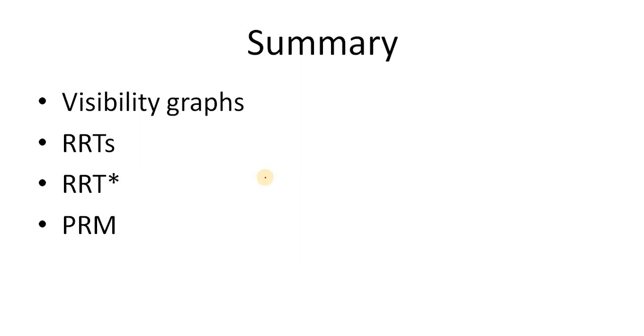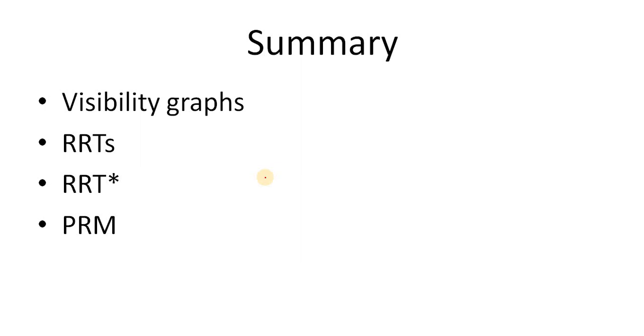We learned the advantage of these RRT algorithms: they are fast, they are quick, but the disadvantage, especially for the RRT, was that the path was not shortest. There were a lot of zigzags. You can say that it was a feasible path. It avoided the obstacles, but it was not the optimal path.